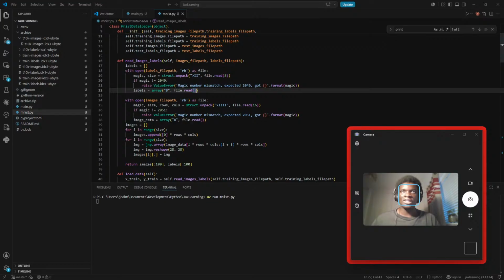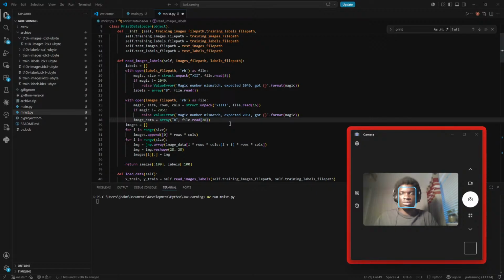But we'll have to look up the file format. And for the images, that's 0 to 255, so that's definitely 1 byte per pixel, and we know it's 28 by 28. So we know how many bytes are going to be in one image. It's just going to be 28 by 28.